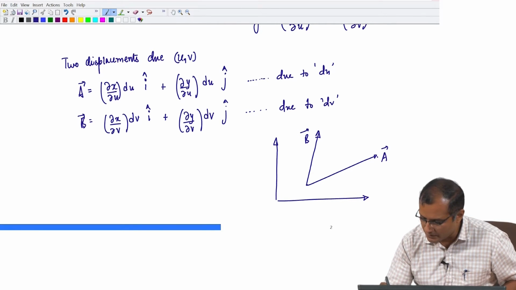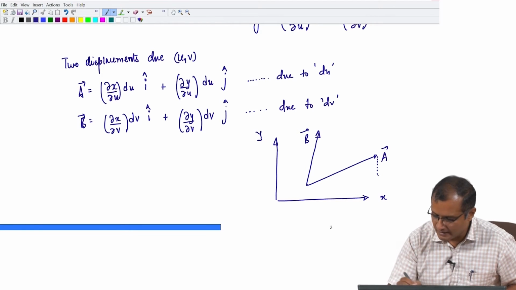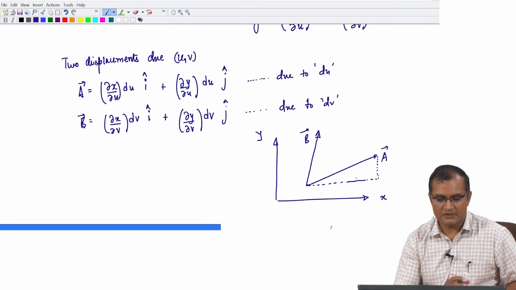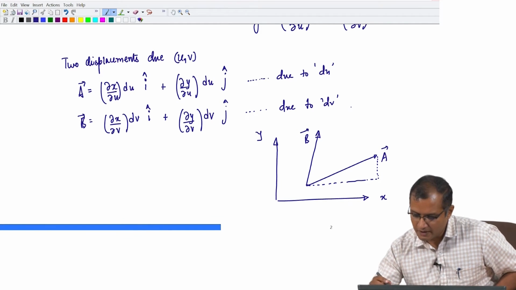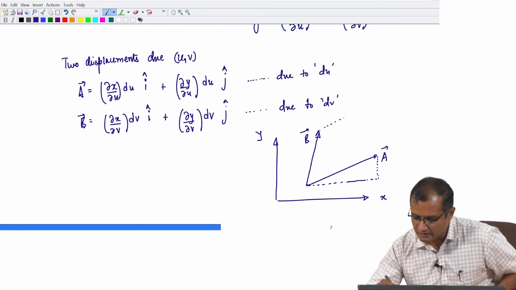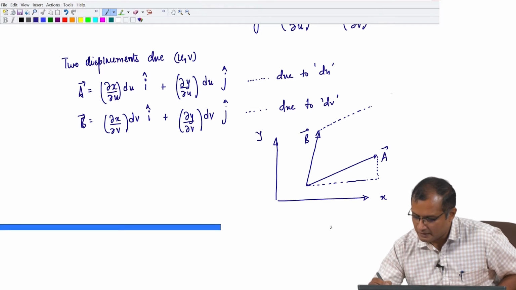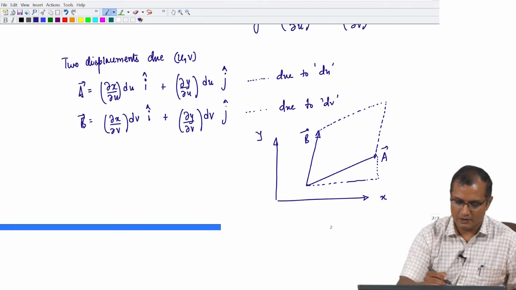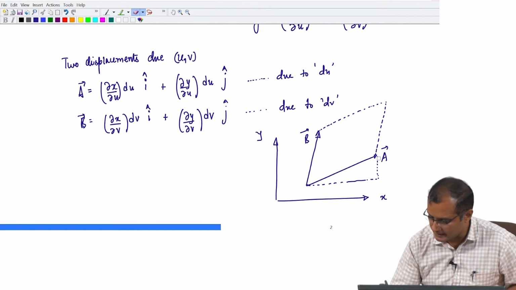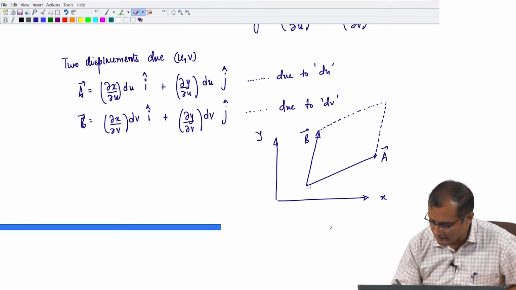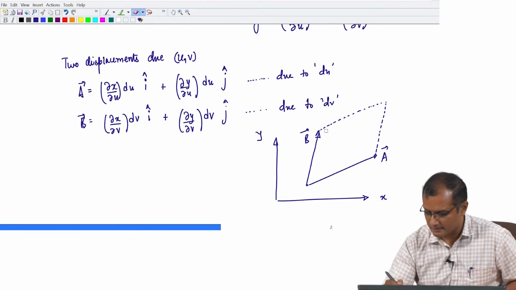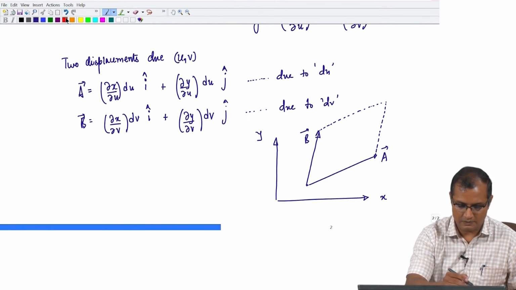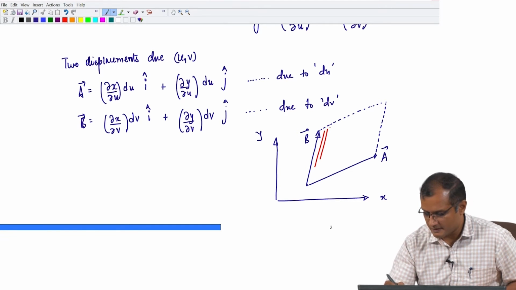So, if you want you can project it along the x axis and get the x component, but that is not necessary here, the forms are already written before you. So, the same area which is in terms of dx dy becomes the area A cross B. Okay. So, I will wipe out this thing and indicate this area in some red color. So, this is basically the shaded region.